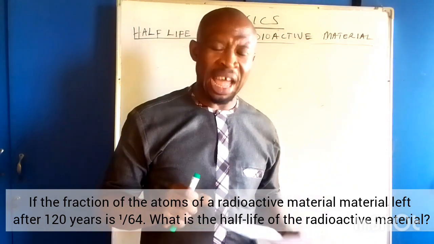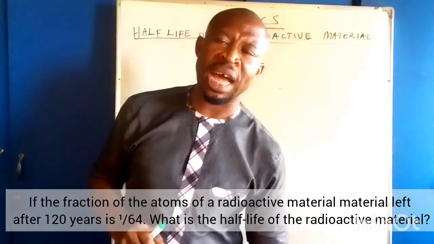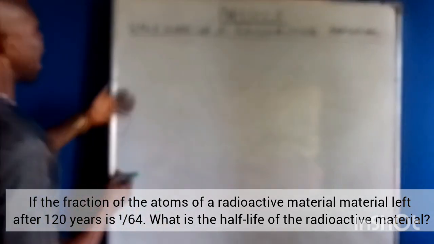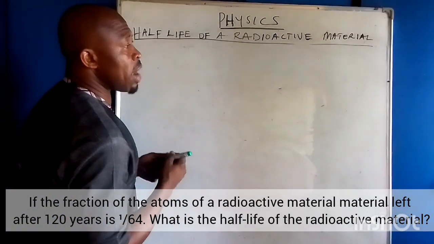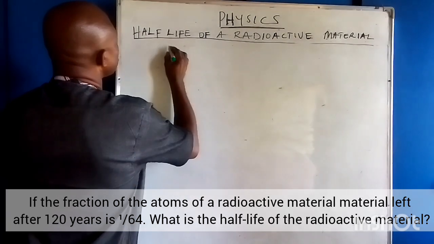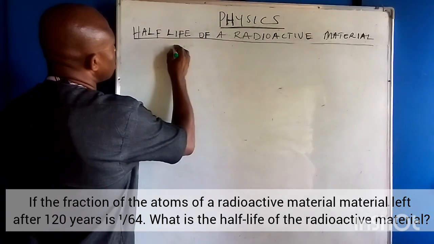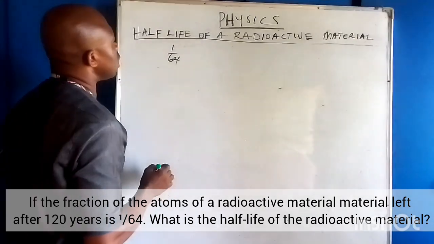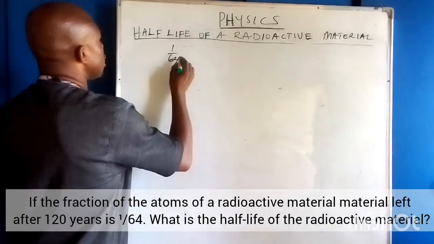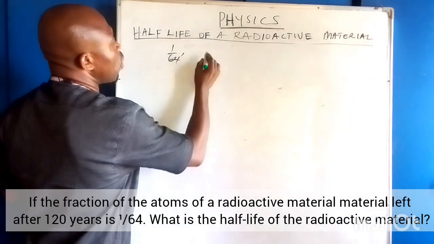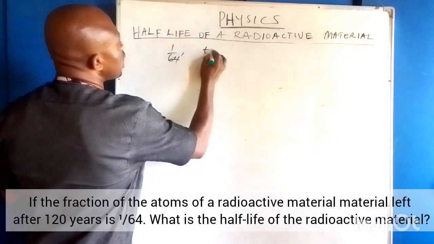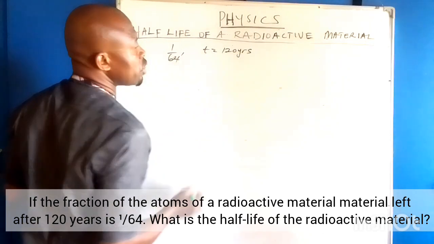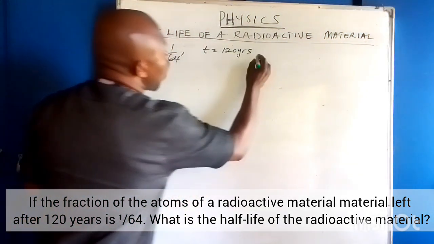They said the fraction remaining is 1/64. Now, the time for the transmutation, T, is 120 years. The question says, what is the half-life?